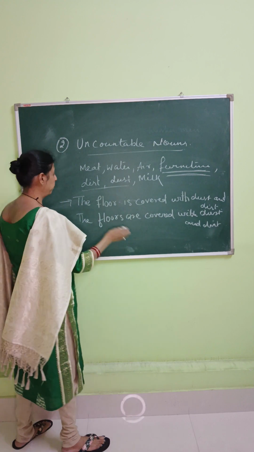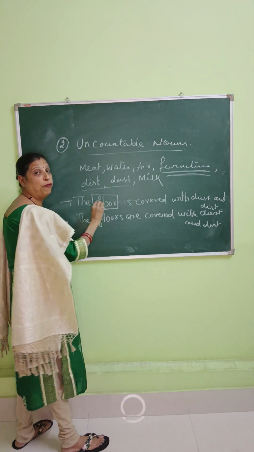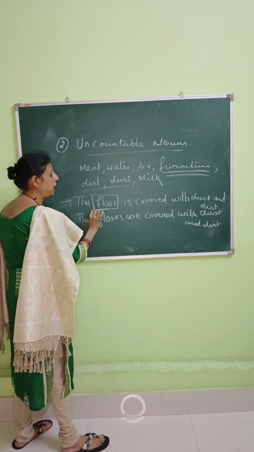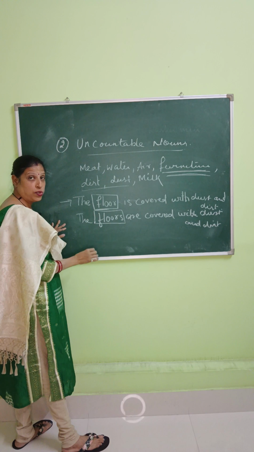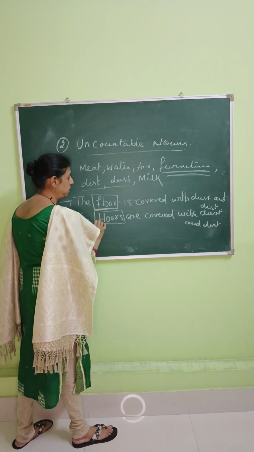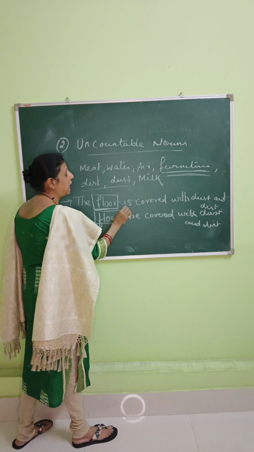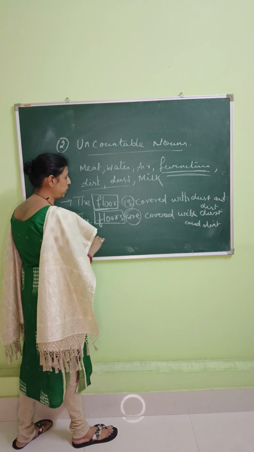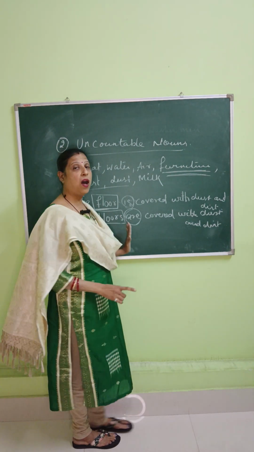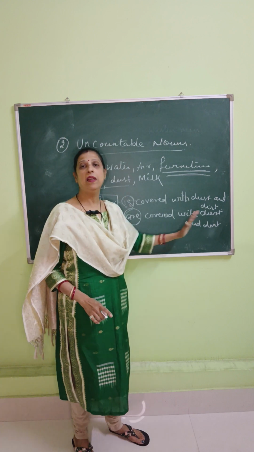Now here we are adding s to the word floor. Why? Because floor becomes floors. So we are adding s to it, and is changed to are. So it will be the floors are covered with dust and dirt.